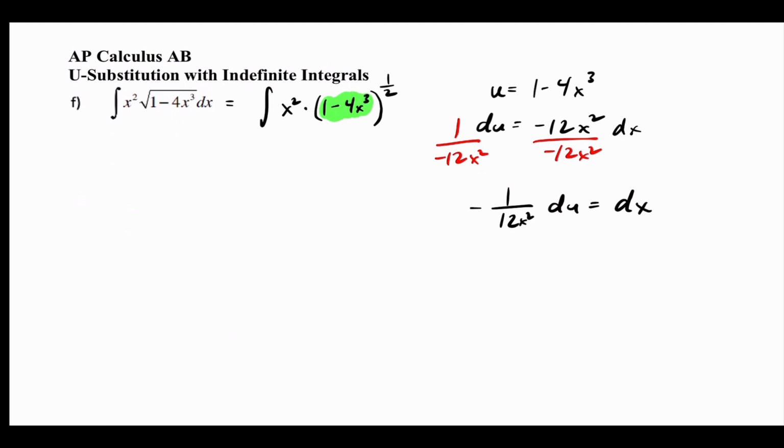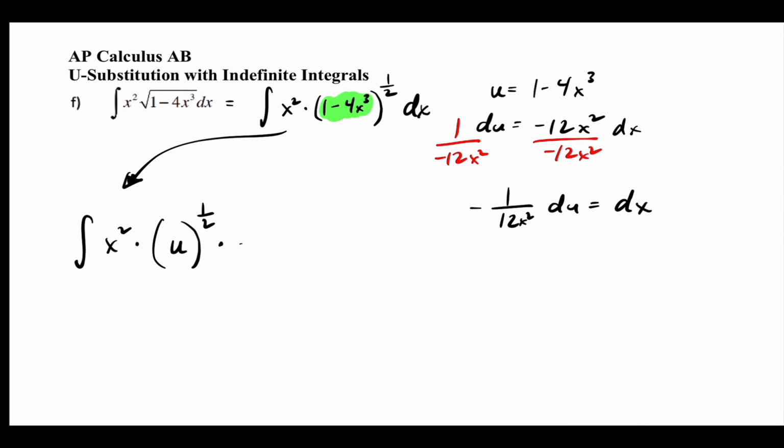Okay. All right. So x squared stays because that doesn't have a u. The u is for the argument, so I put a u here, 1/2.